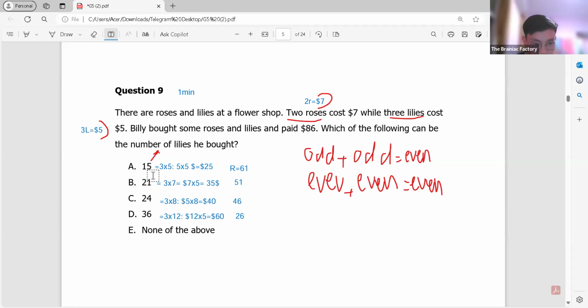Because as we see here, if we have 15 lilies, oh sorry, wait, this is confusing. Okay, so there are 15 lilies and we have $25 for 15 lilies.